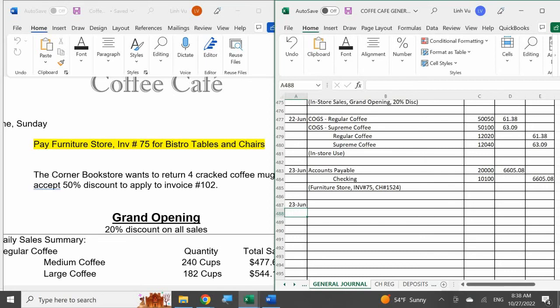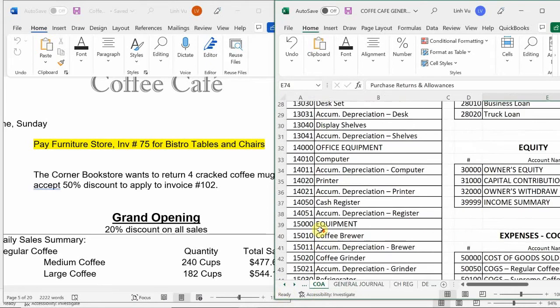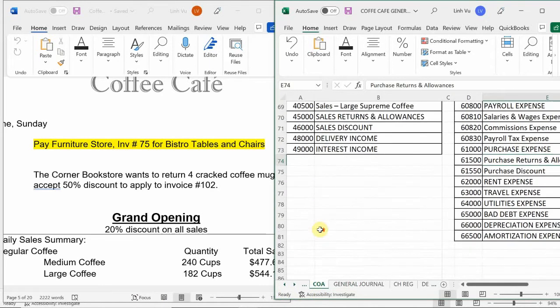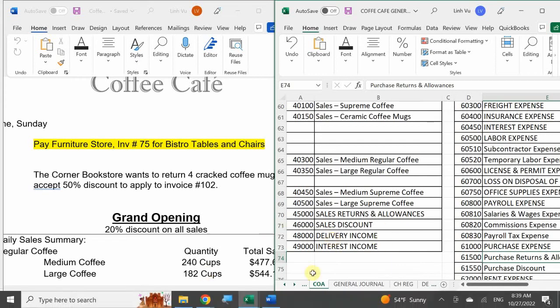So we're going to go to sales returns and allowances. That's correct. Let's see what account number that is. 45,000. Sales returns and allowances. Good.